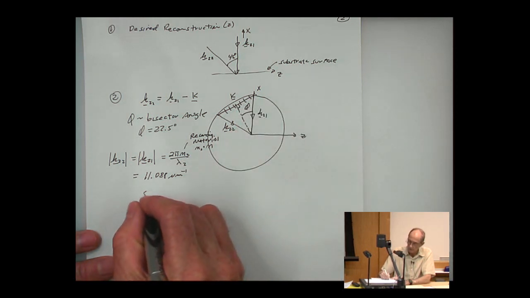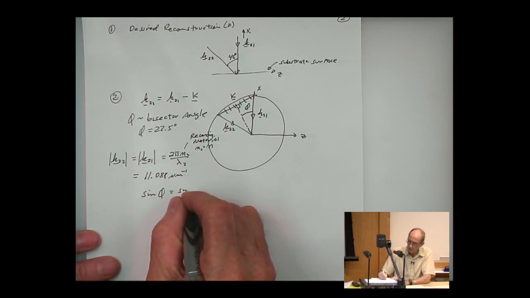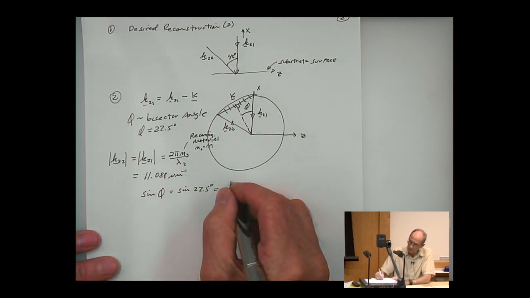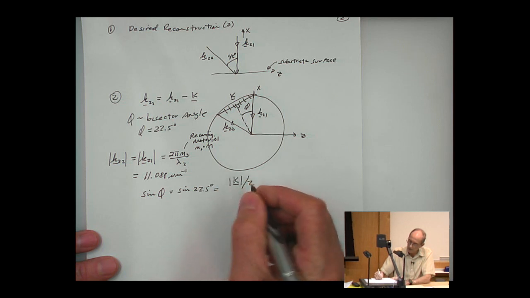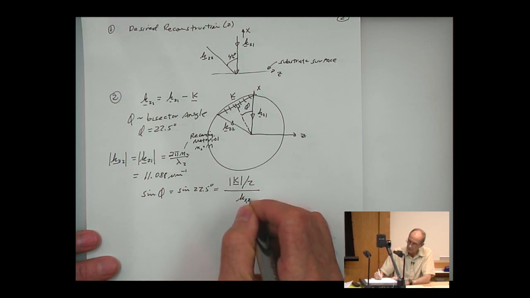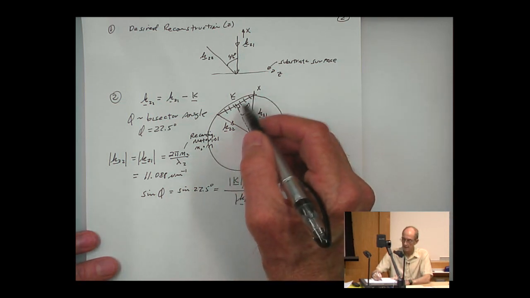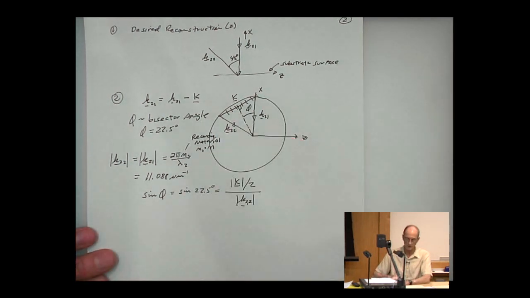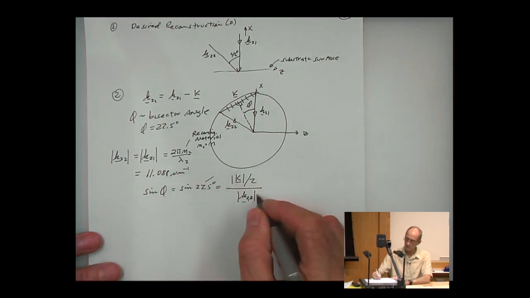So the sine of phi, which we know is the sine of 22.5 degrees, is equal to half the magnitude of the grating vector divided by the magnitude of the propagation vector, because this bisects that grating vector.